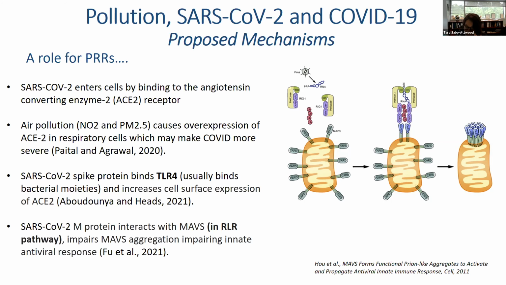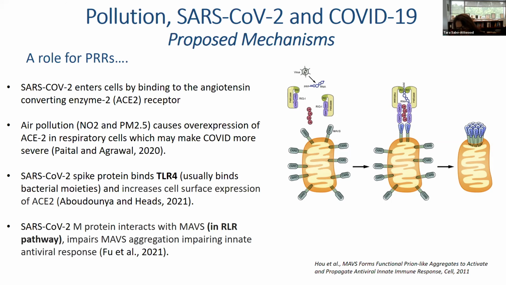Then in another study, the SARS-CoV-2 spike protein was shown to bind TLR4, and I find this very interesting because usually TLR4, as we know it, usually binds bacterial moieties and things like LPS. And so I think this is a really interesting finding, and maybe another mechanism to consider is that certain spike proteins of viruses may interact with some of these receptors as well.